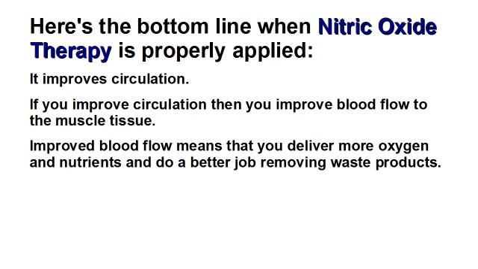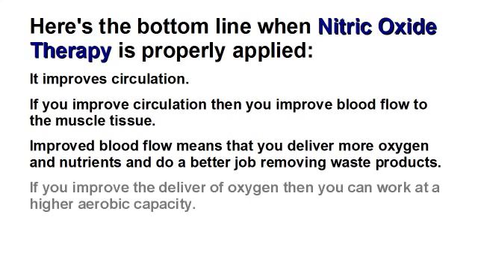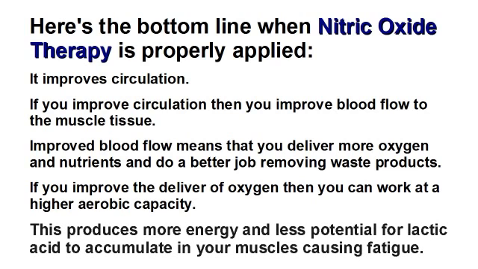Improved blood flow means you are delivering more oxygen and nutrients and do a better job removing waste products. If you improve the delivery of oxygen, then you can work at a higher aerobic capacity. This produces more energy and less potential for lactic acid to accumulate in your muscles, causing fatigue.